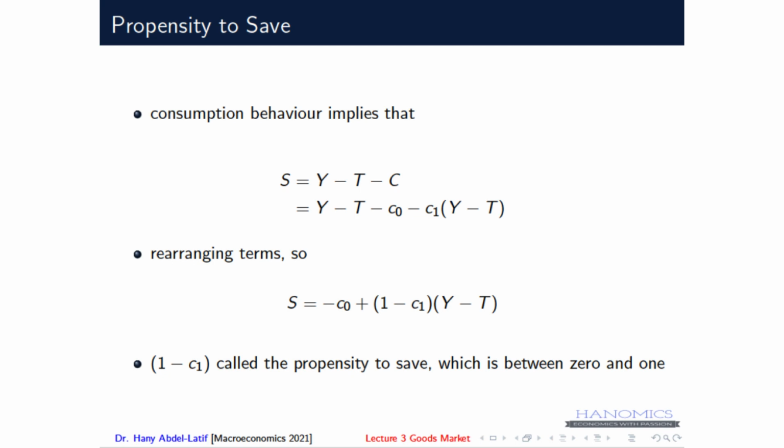It is worth noting that the marginal propensity to consume plus the marginal propensity to save should equal 1, or 100%.